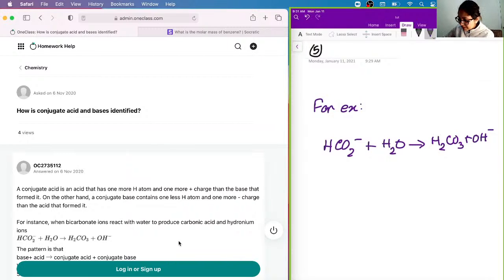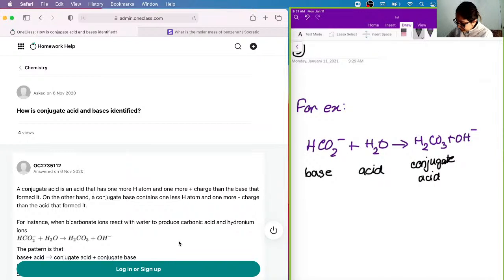So the pattern over here, you could probably see that this is our base, right? We said that our bases have a negative charge, and they usually have one less hydrogen than the actual conjugate acid. So this would be our base, which therefore makes water our acid. And so we can say that carbonic acid is our conjugate acid that came from our base, and our hydronium ion in this case would be our conjugate base.